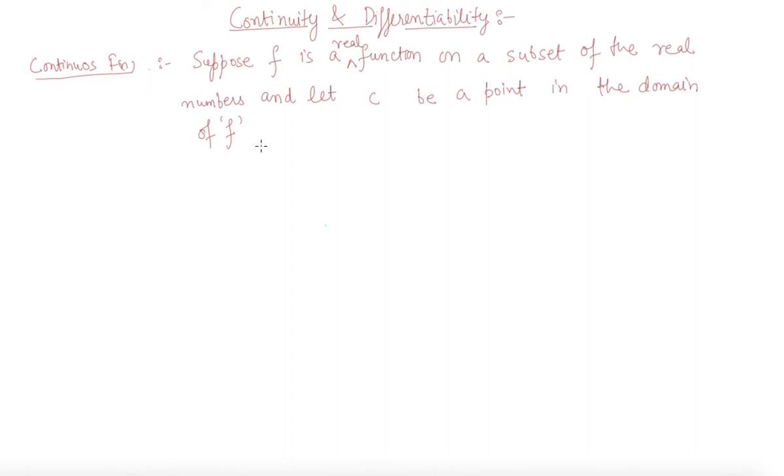Then you can say that f is continuous at c if the limit as x tends to c of f(x) is equal to f(c). Means, students, if a function is defined at all the values in its domain, then the function is said to be continuous in its domain.